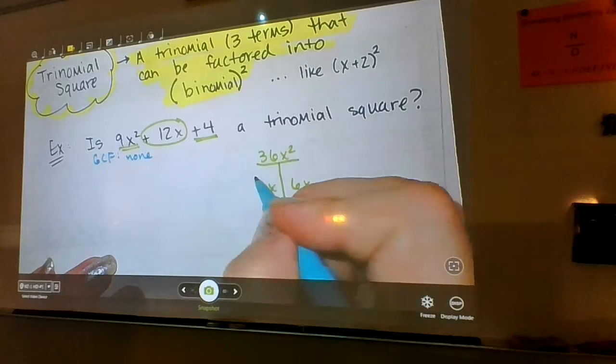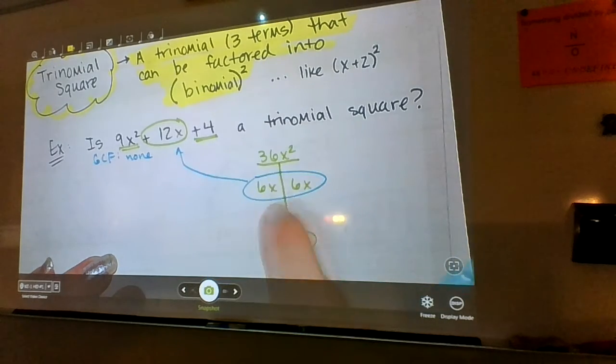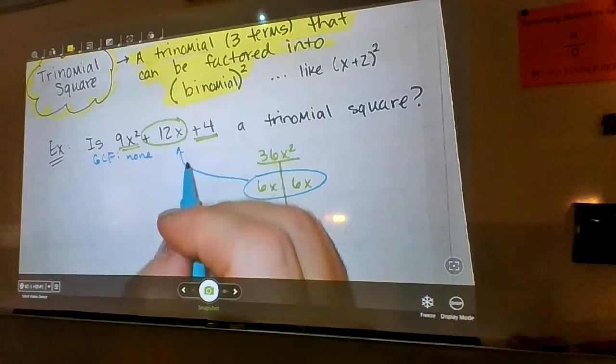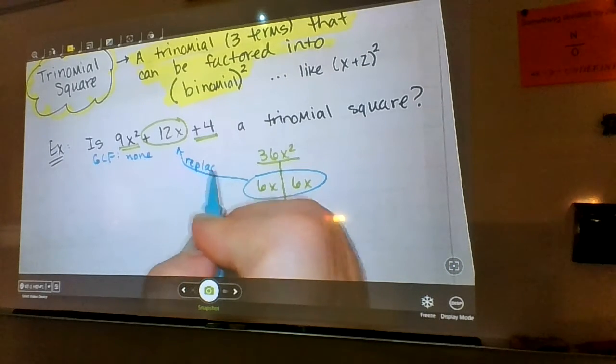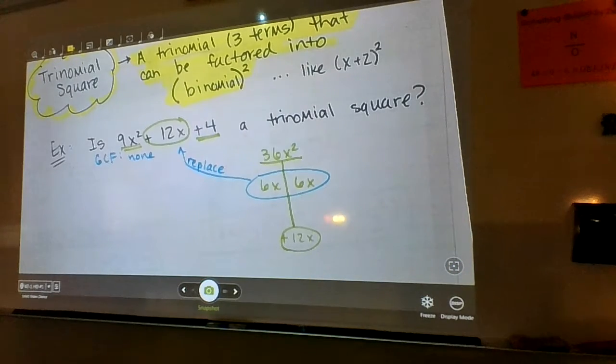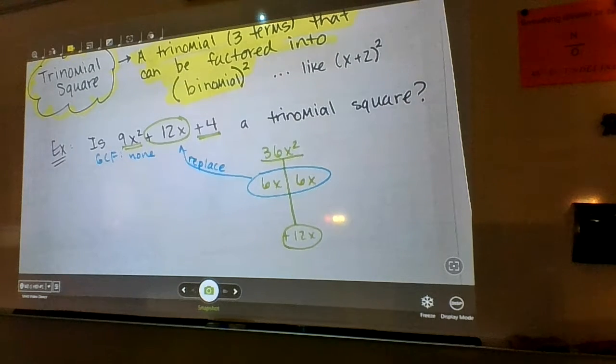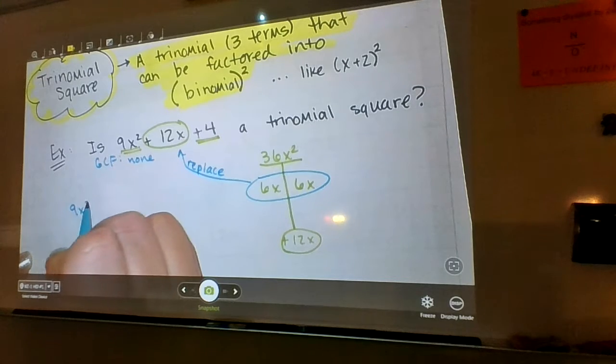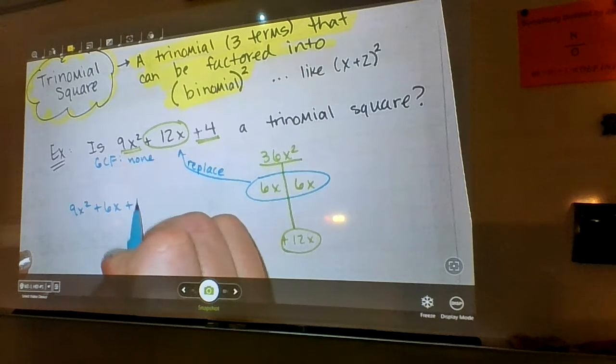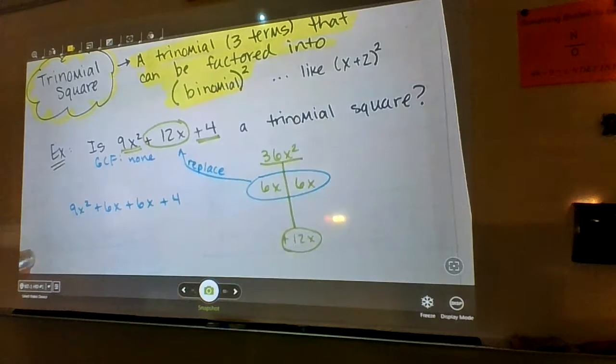When those two numbers are the same, most likely it's going to be a trinomial square, but we'll go ahead and finish it up. So remember, we replace that 12x with 6x plus 6x. So we'll have 9x squared plus 6x plus 6x plus 4.